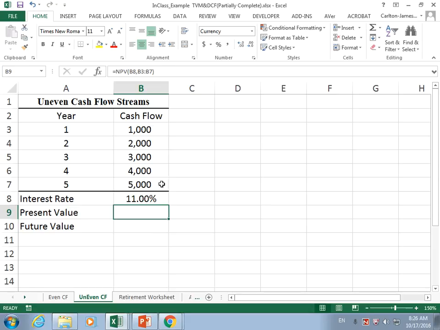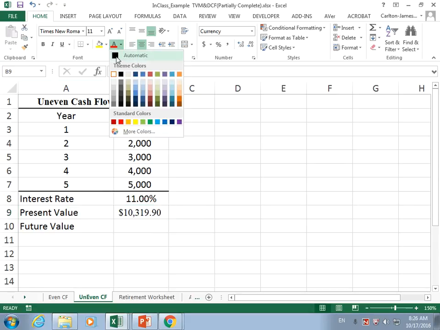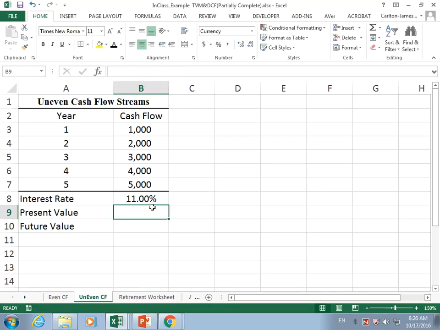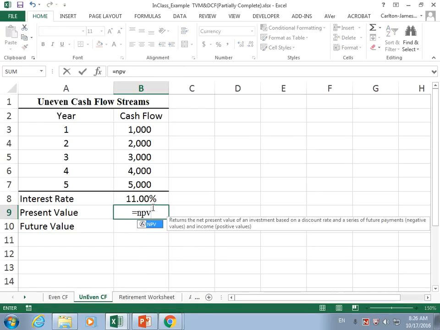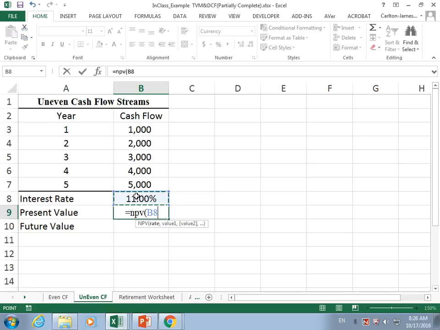Let's put it in, okay? The NPV function. So again, it uses an interest rate, and the interest rate has to be expressed as a percent, so you can use 11% or 0.11. And the values here.